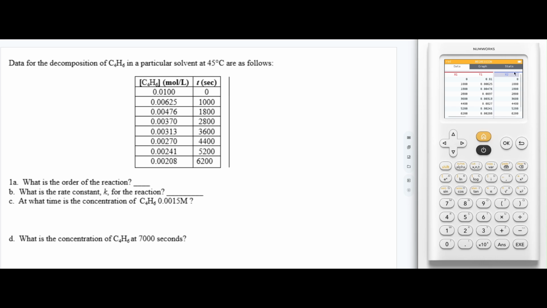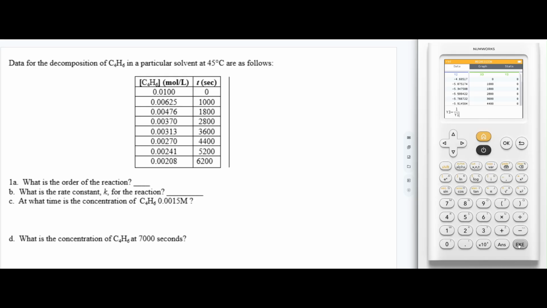So now it is going to fill in all the values with our X1 values.